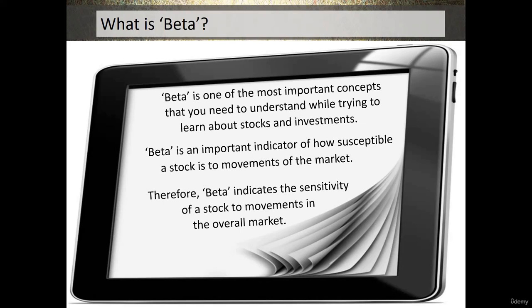The expertise of that individual with regard to driving, the condition of the vehicle, whether the brakes are working properly or not, whether the tires have good grip or not, whether the alignment is proper or not. All of these things fall under the category of unsystematic risk, or you can say individual risk, or specific risk.